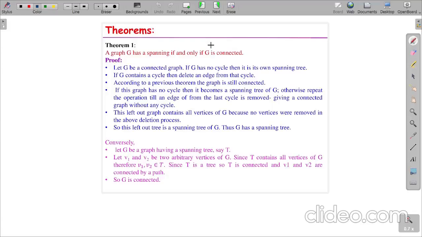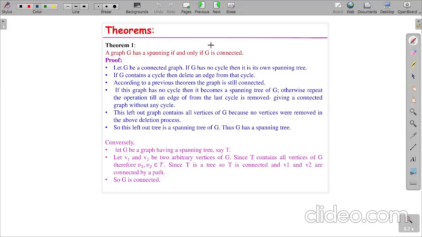But if G contains a cycle, then delete an edge from the cycle. According to a previous theorem, the graph is still connected. If this graph has no cycle, then it becomes a spanning tree of G. Otherwise, repeat the operation till an edge from the last cycle is removed, giving a connected graph without any cycle.